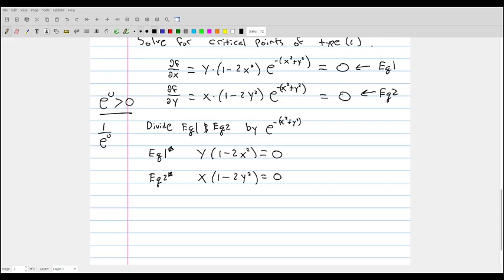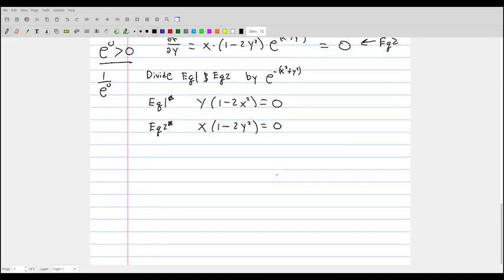So in this case, we'll start with equation 1 star, and then you can go through and see what that implies about the other equation, equation 2 star. So let's go through and do this right now.